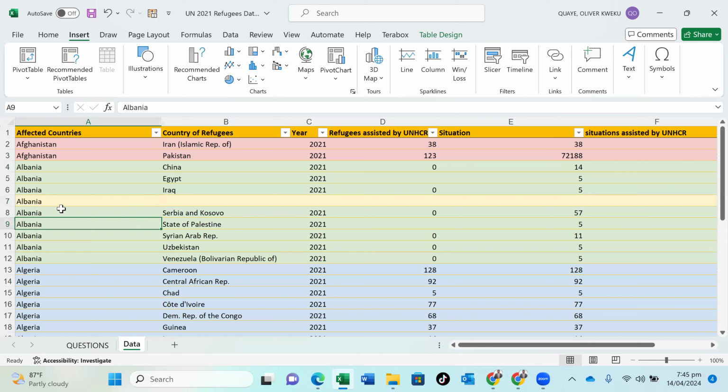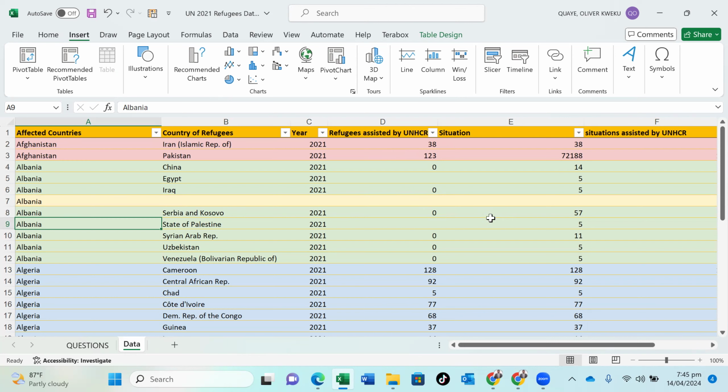So if we put Albania again here and we want to split this one, the good thing is, looking at the refugees assisted by the commission, there were 0 people, right? Nobody was assisted by them. Meanwhile, there were 57 total cases recorded on the ground.